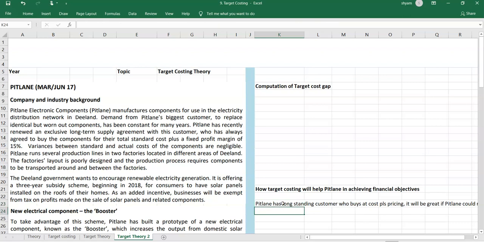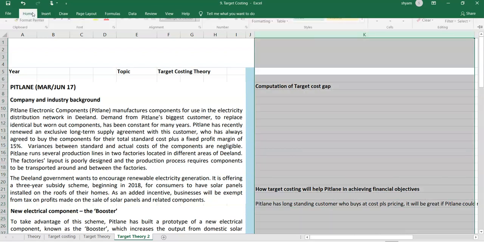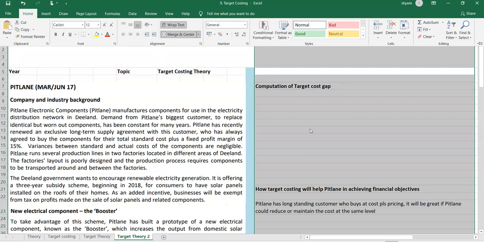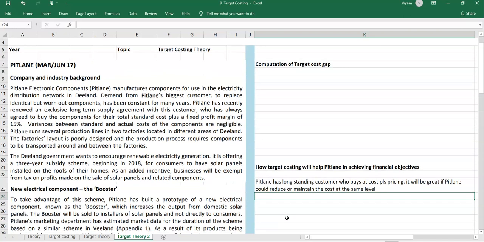Either we have to reduce it or we have to maintain it at the same level. Okay, so that is going to be our first point.